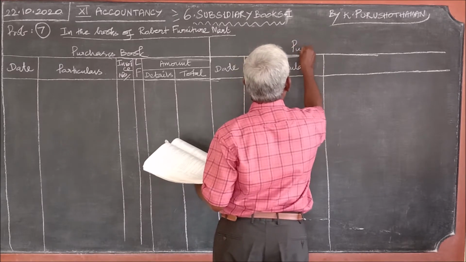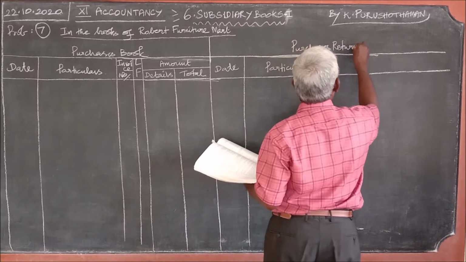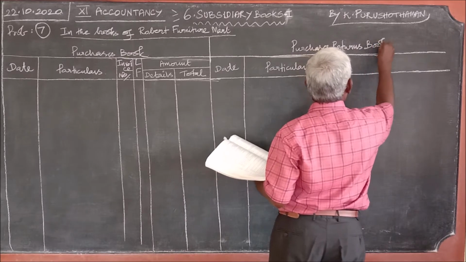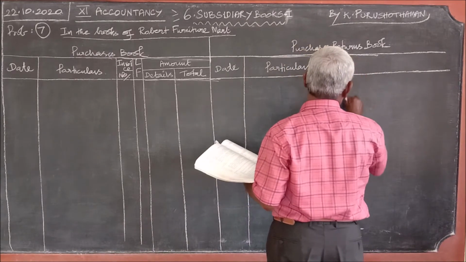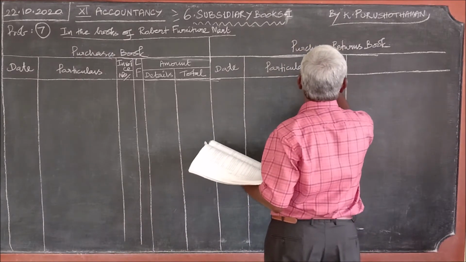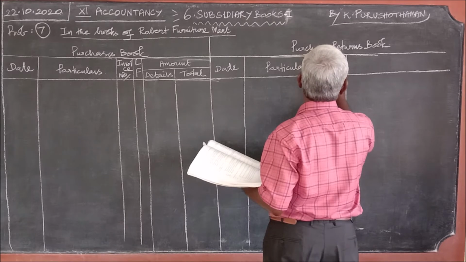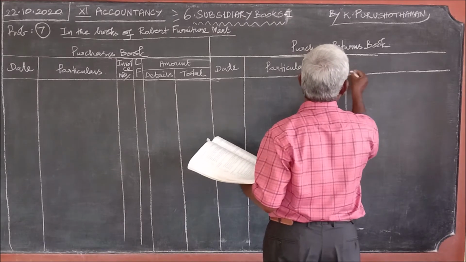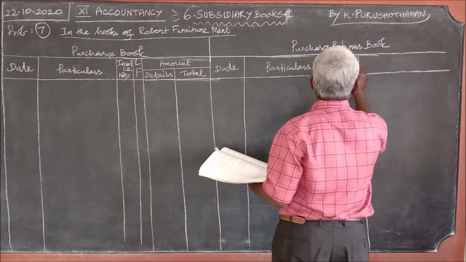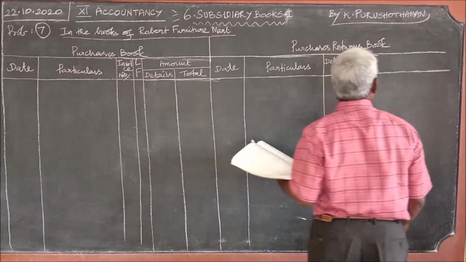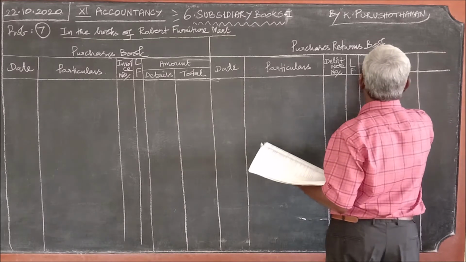What we are preparing is the purchases returns book. The third column is different. This is debit note number. The fourth column, as usual, is common in all the four books: ledger folio. And the fifth column is also common, that is amount.